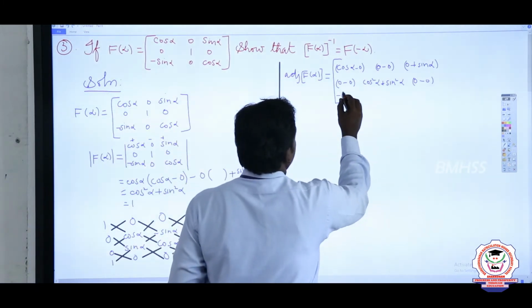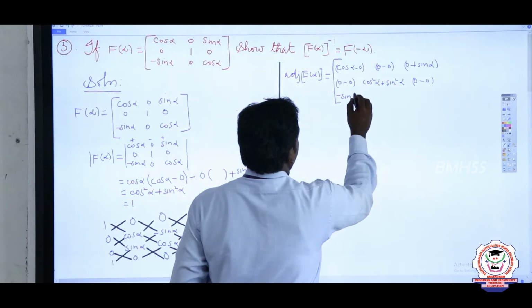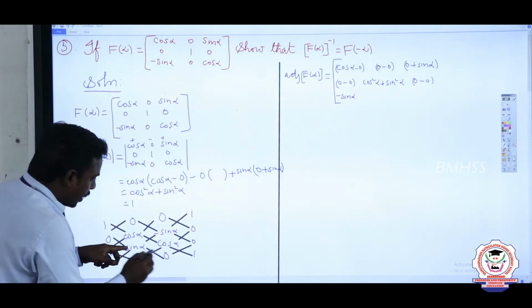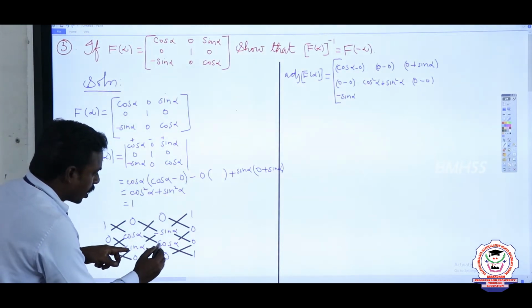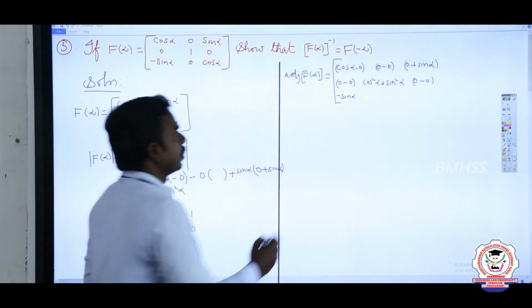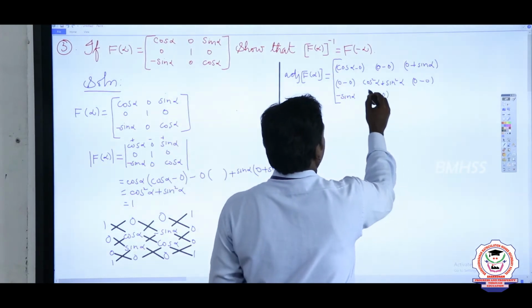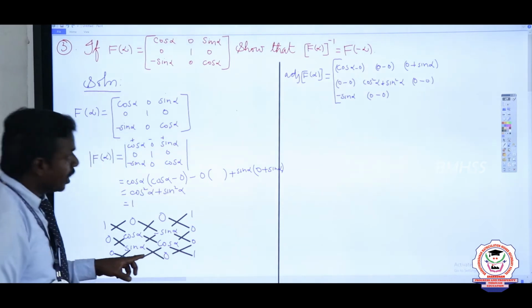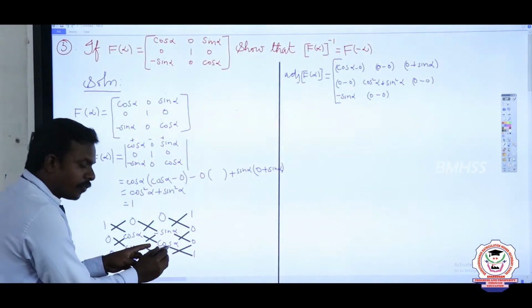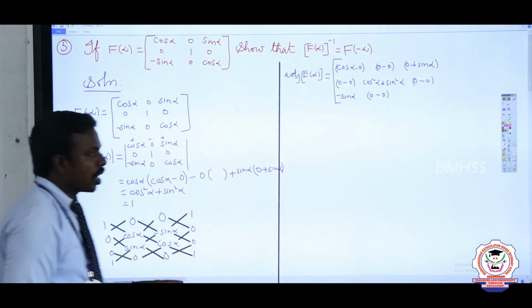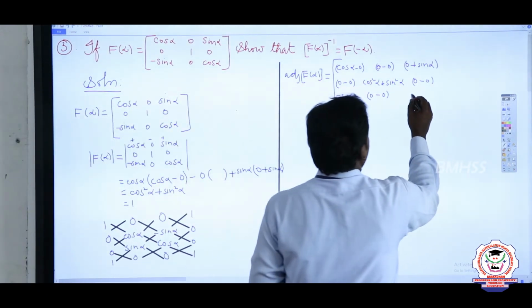Again sin into 0, 0, 0 into cos, 0, so 0 minus 0. The last element of the third row: cos alpha into 1 is cos alpha, 0 into 0 is 0, so cos alpha is the last element of the third row.